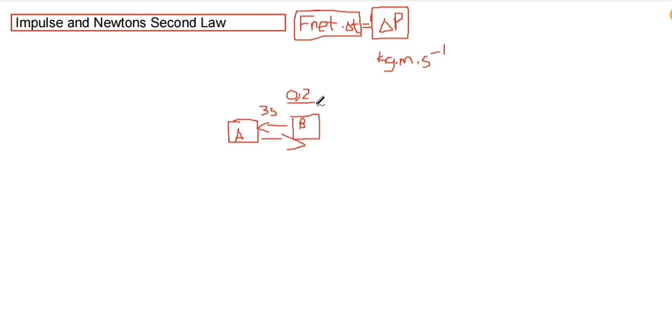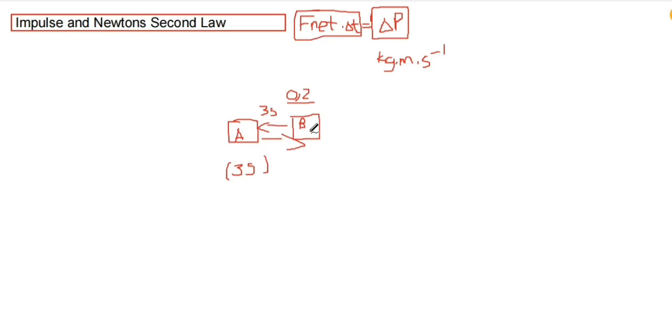Now, if I asked you to calculate the impulse over here, you would take the net force and you would multiply it by the change in time. See how simple it is? So let's do that over here. Let's take the net force, which is 35 newtons, and multiply it by the time during which the objects were in contact with each other.